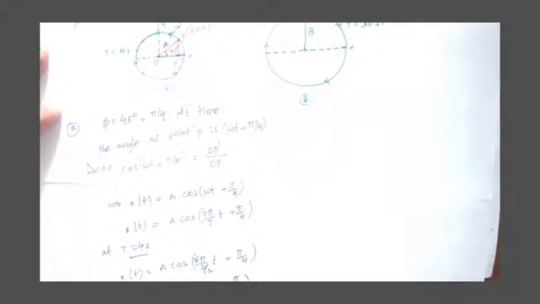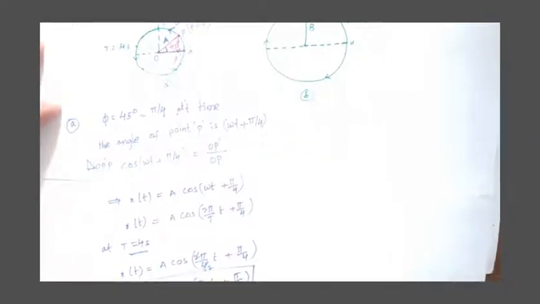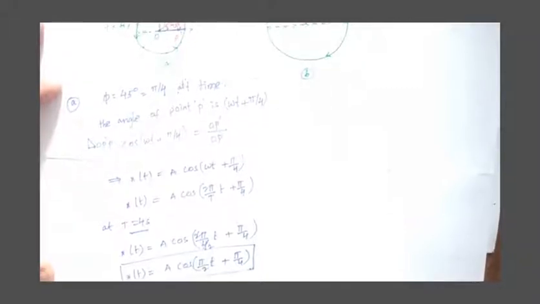This is the simple harmonic motion equation of this circular motion: x of t equals A cos of pi by 2 t plus pi by 4.